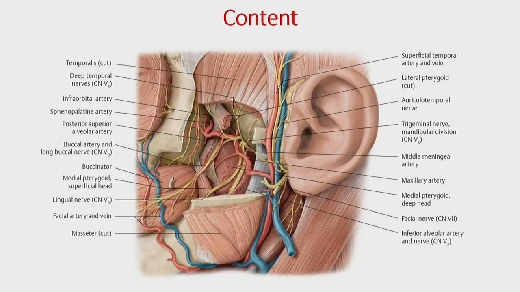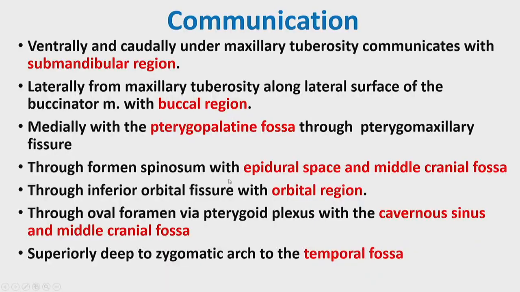And here is most of the content that we already mentioned in this area, which is called the infratemporal fossa. The inferior alveolar nerve, the lingual nerve, the buccal nerve, the maxillary artery, the mandibular nerve, the pterygoid muscles, all are components of this infratemporal fossa.